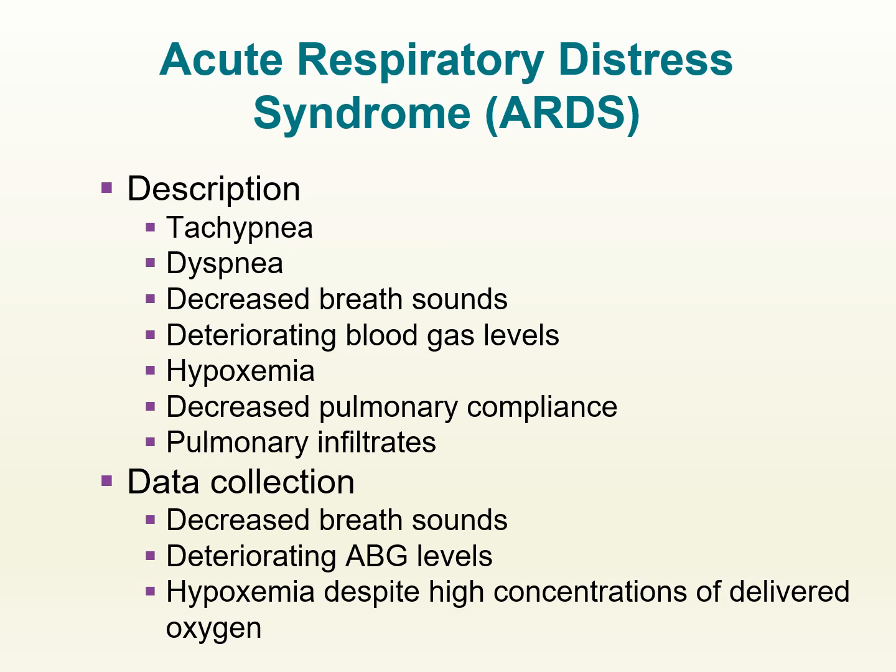So along with that, they're probably going to be throwing off extra acid, and that's going to help change those blood gas levels. They're going to have hypoxemia, decreased pulmonary compliance, and pulmonary infiltrates. They also are going to have decreased breath sounds, and even though they may have high oxygen concentrations coming in, they're still going to have hypoxemia.